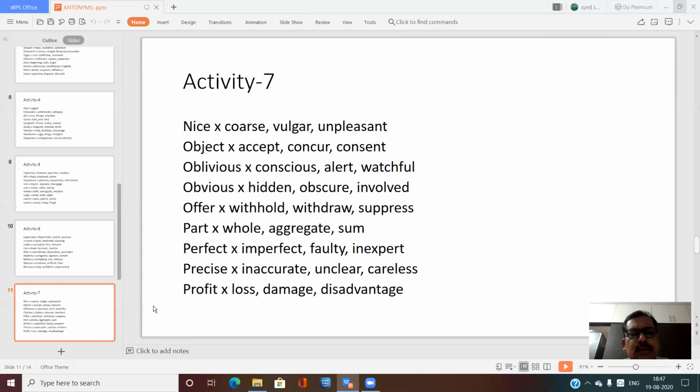Next, perfect, imperfect. Im is a prefix. Faulty, inexpert. In is a prefix. Expert, inexpert. Another opposite meaning of perfect is having some lacuna, having some gap.